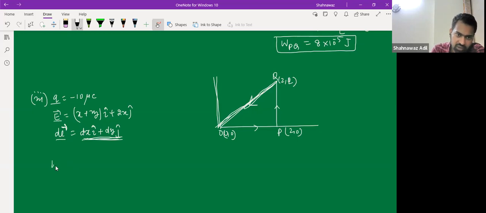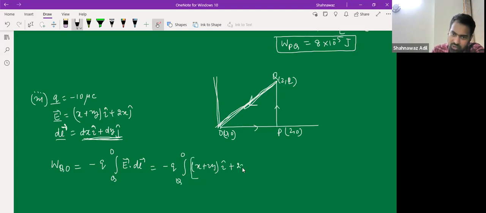So now let us calculate what would be QO. So this would be minus Q, and from Q to O we are going, E dot dl. And E is how much? x plus 2y i hat plus 2x j hat.